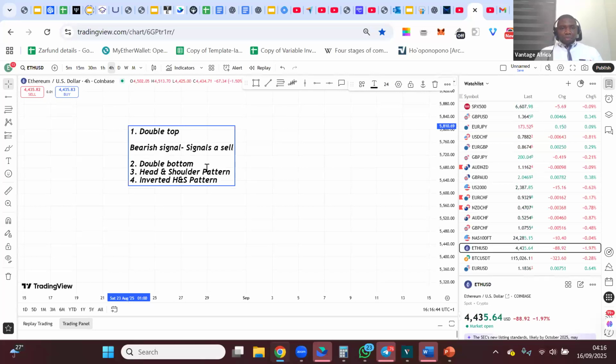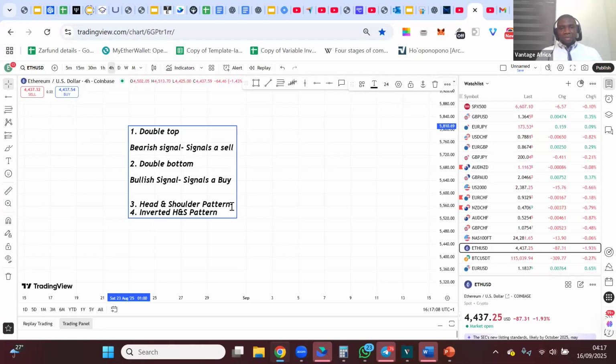Then a double bottom is a bullish signal. It signals a buy. A head and shoulder pattern is a bearish signal.